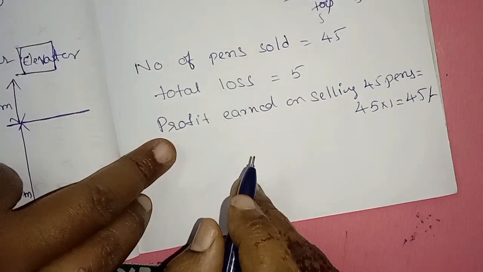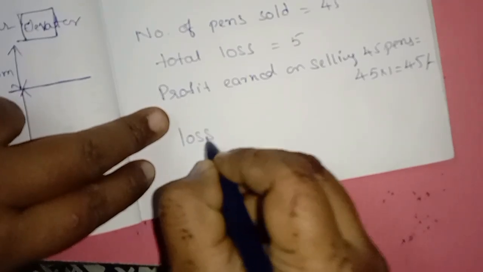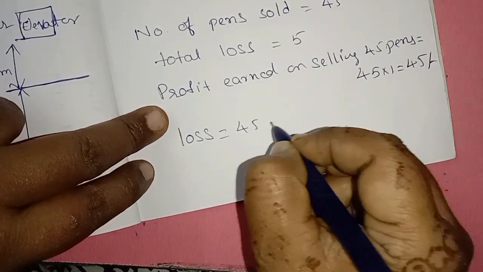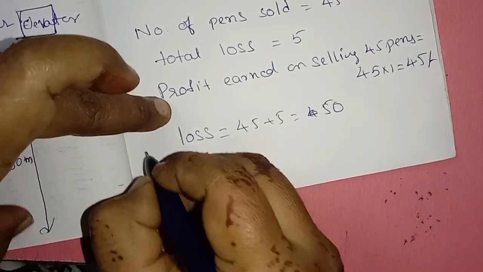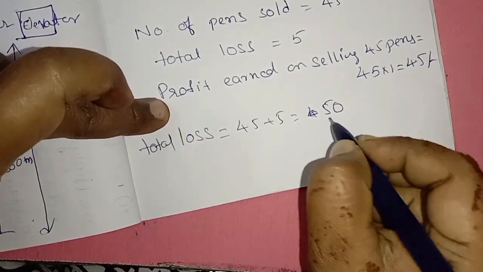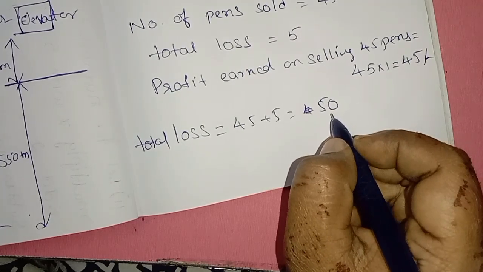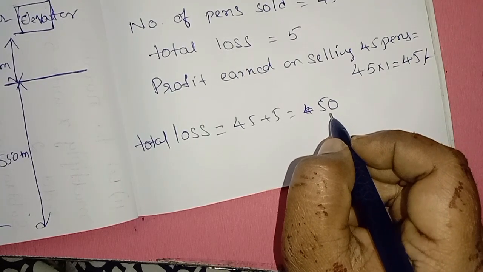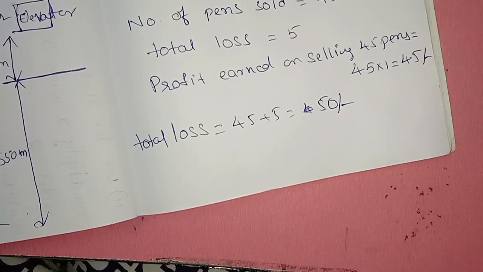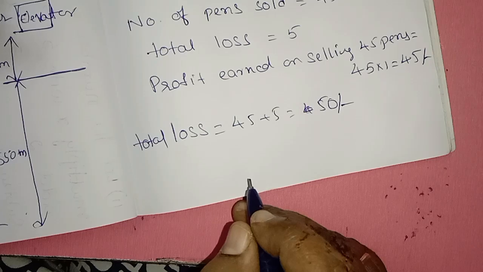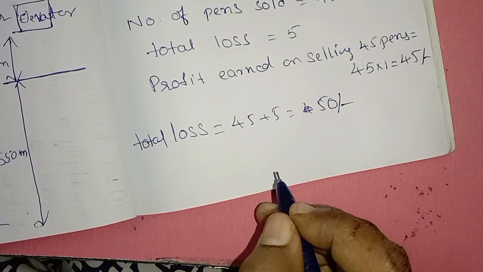But since he got a loss, from this we can say loss equals 45 plus 5. So total loss is 50 rupees. For each pencil he is getting a 40 paisa loss, right? So here he got a 50 rupees loss. So how many pencils he sold we have to find, right? Next one, we will find how many pencils he sold.